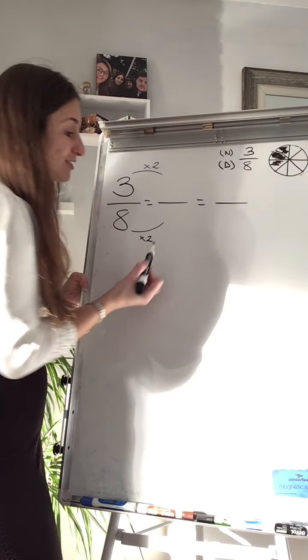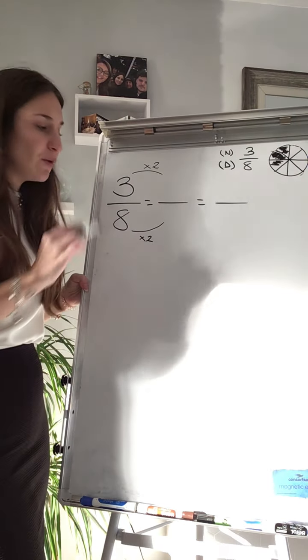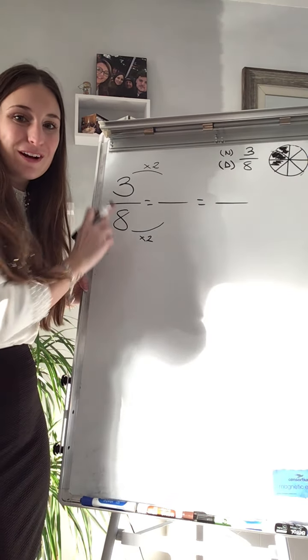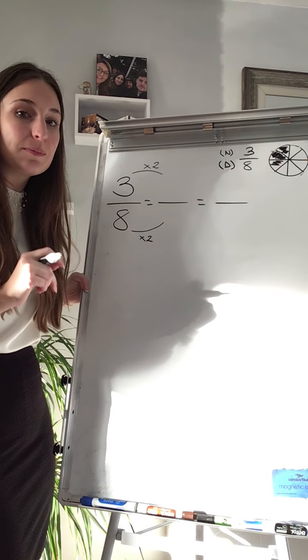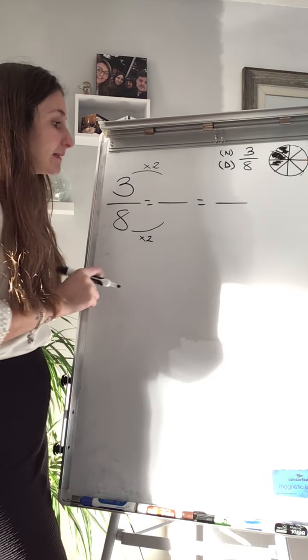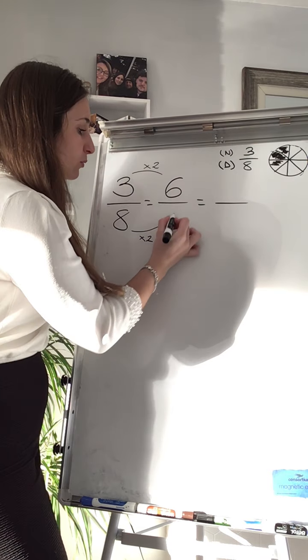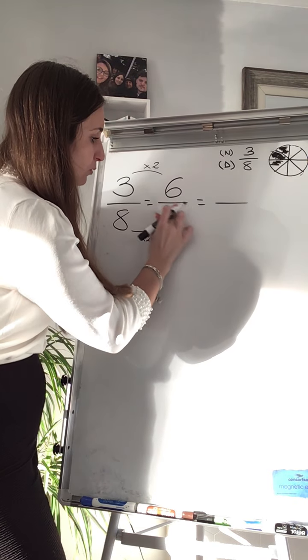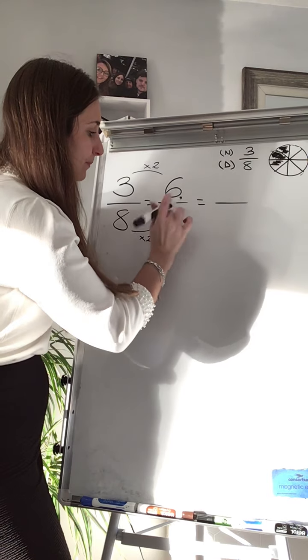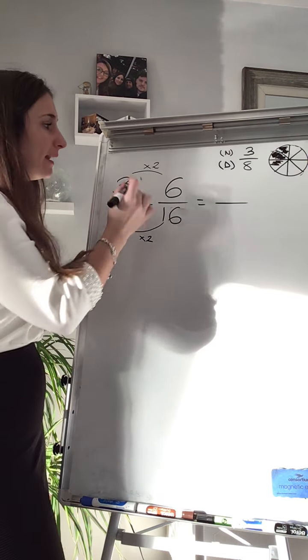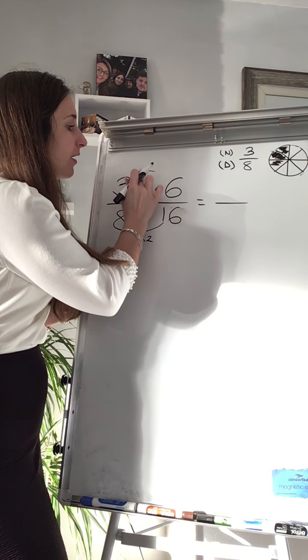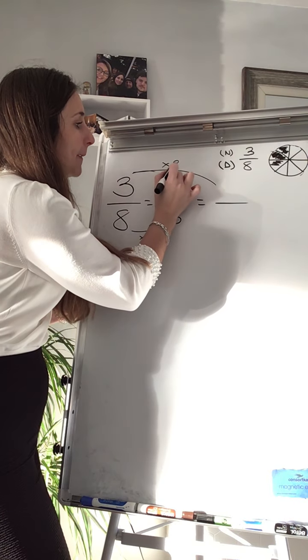My lowest is 2. Can you quickly tell me what the equivalent fraction of 3/8 will be if I time both my numerator and my denominator by 2? It is absolutely right. That will be 6/16. Okay? Now could you think what it will be if I time it by 3?